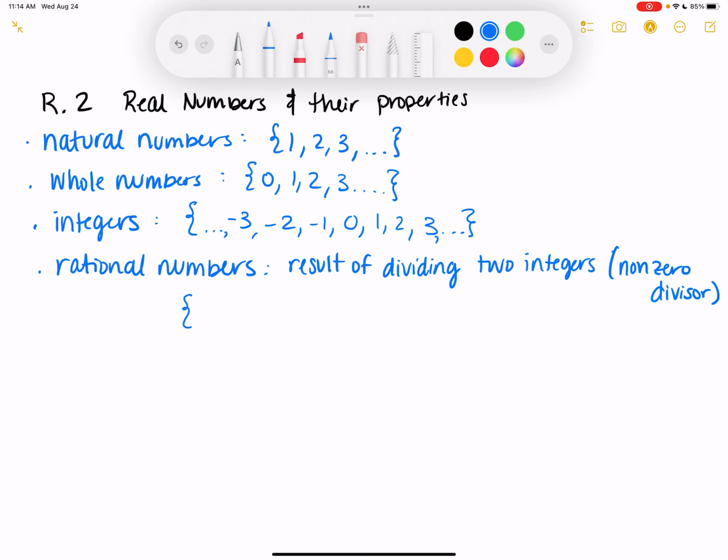So this would be the set of P over Q such that P and Q are integers with Q not equal to 0. We can't have a 0 in the denominator.